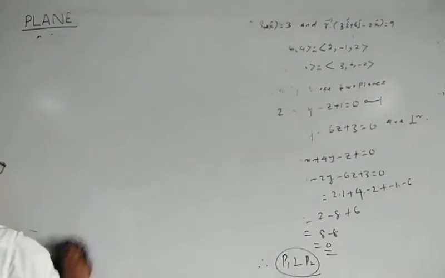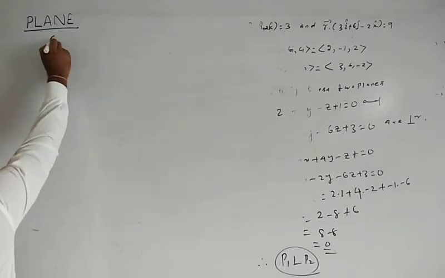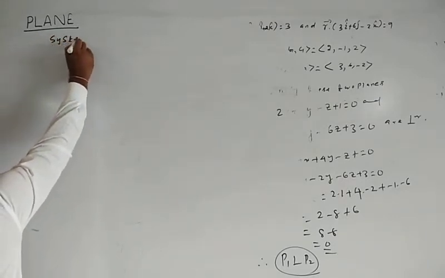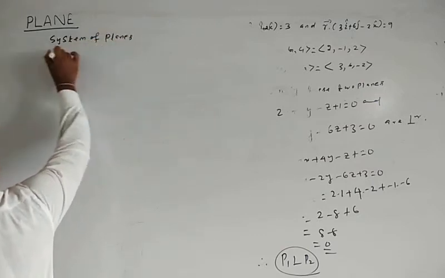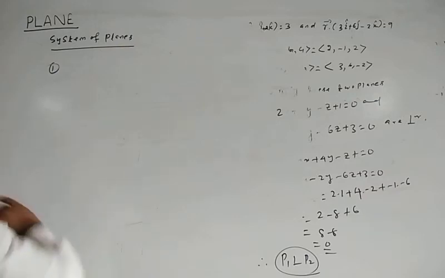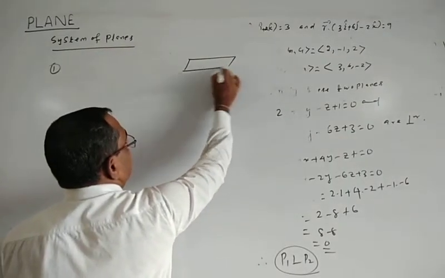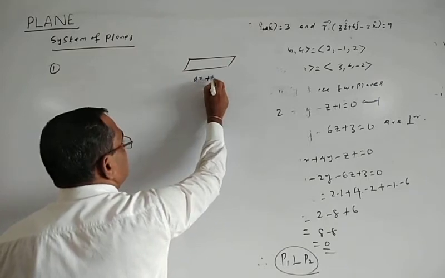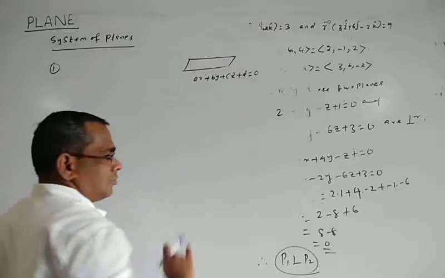Number 1, look, this is a given plane ax plus by plus cz plus d equal to 0.